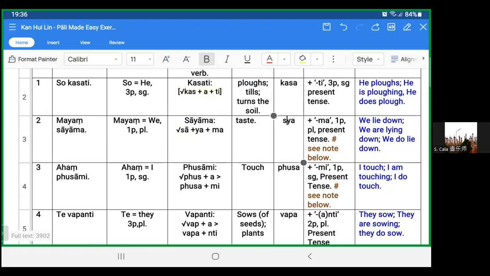So saya. What happened to this long a? Okay, saya. We just need to change the meaning. We taste, we do taste, we are tasting.